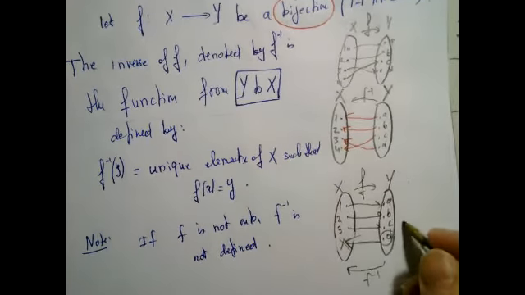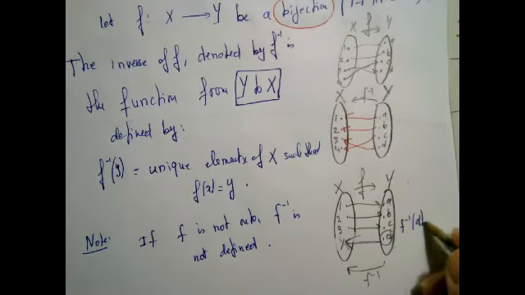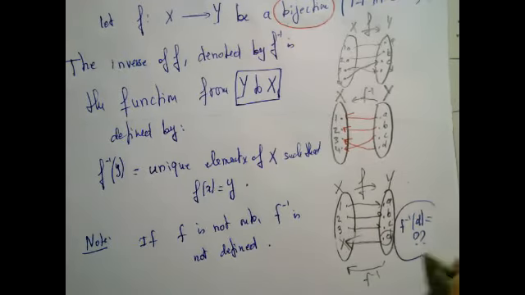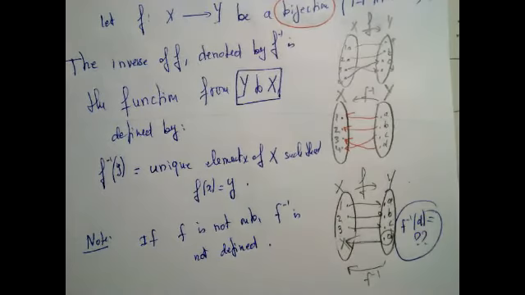Okay, because the question is, F inverse of D will be what? It's not defined. Therefore, we don't have a function. Okay, so onto is important. And more important is 1-to-1.